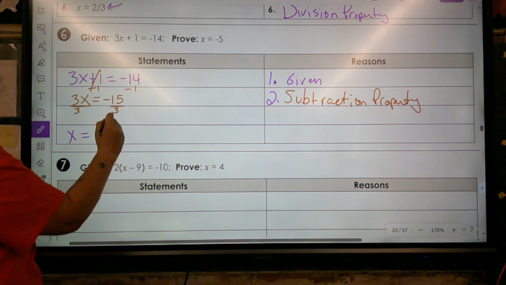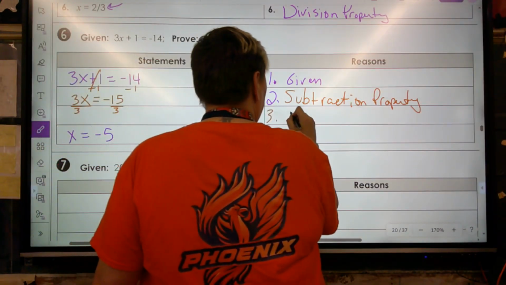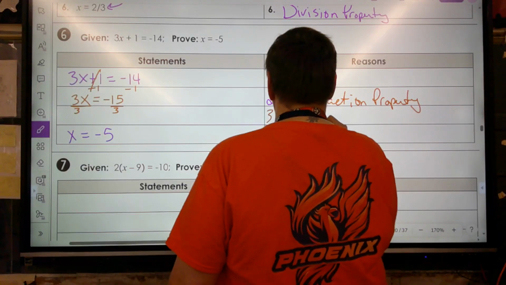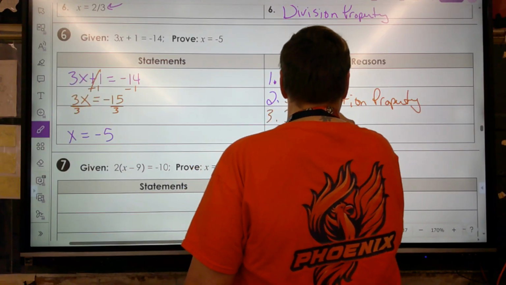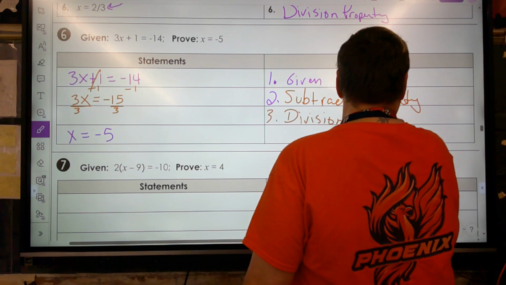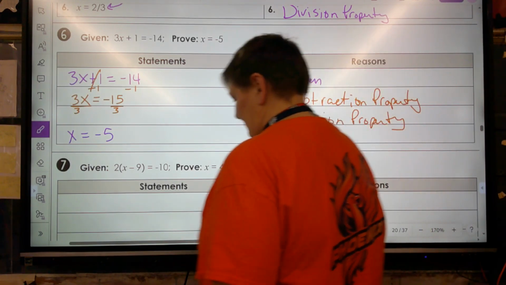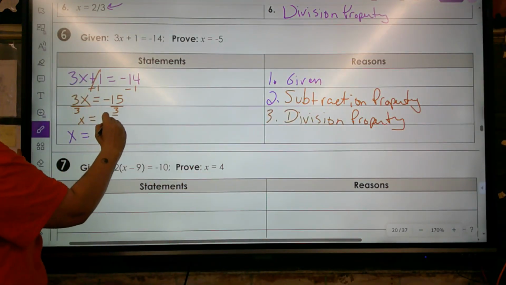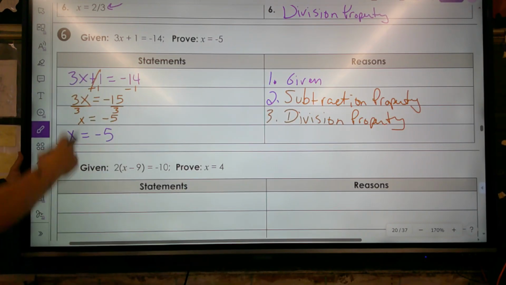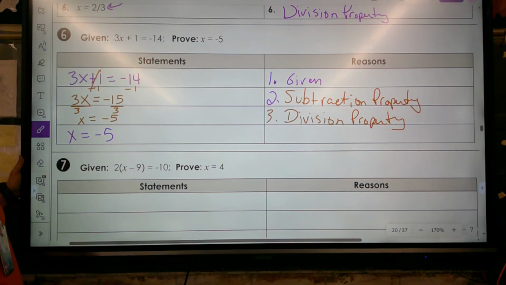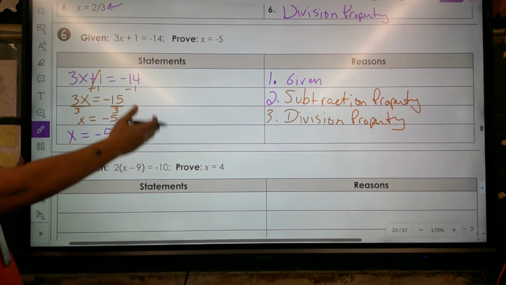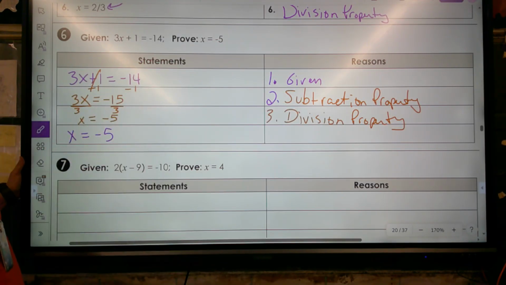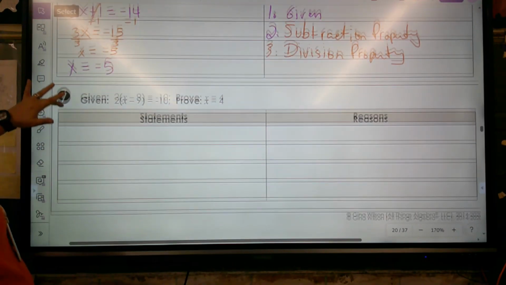So we're going to divide both sides by 3. That's division property. And that's going to give us x equals negative 5. We didn't need all those lines. We had extra space. So it was only a short process. Why would they give us so many spaces? I don't know. Let's do the next one and find out why they did that.